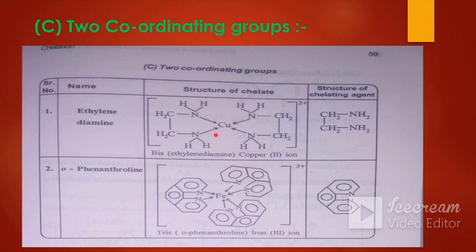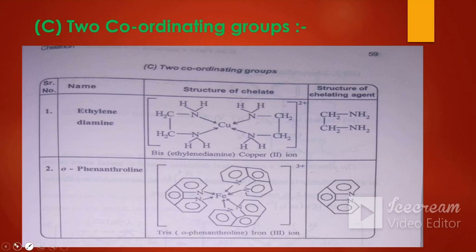Here centrally copper, and ethylene diamine is attached to the central metal atom. Okay, bis means 2. Second, orthophenanthroline, centrally Fe, with a structure like this, and the name of this structure is tris orthophenanthroline iron 3 ion.